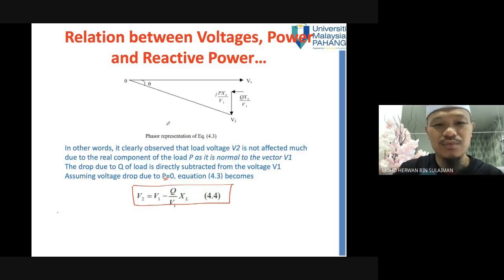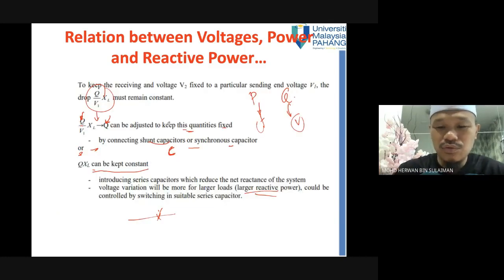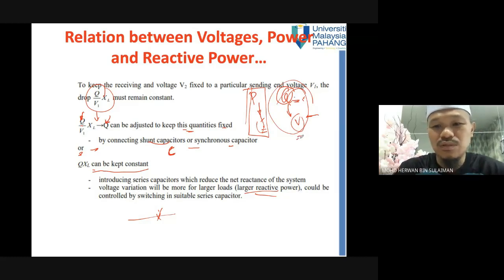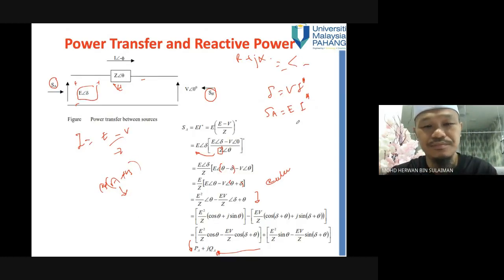That is the proof of how we control the voltage or the reactive power: to control Q we adjust V, and to control V we adjust Q. When we talk about real power, it reflects directly on the frequency, but reactive power reflects directly on the voltage. So sometimes we call it voltage control.